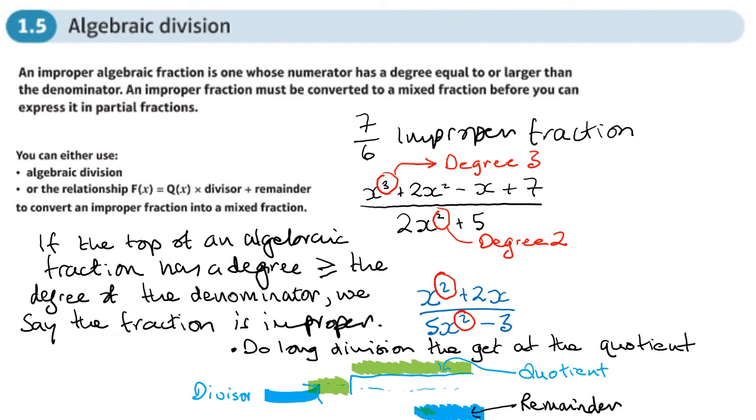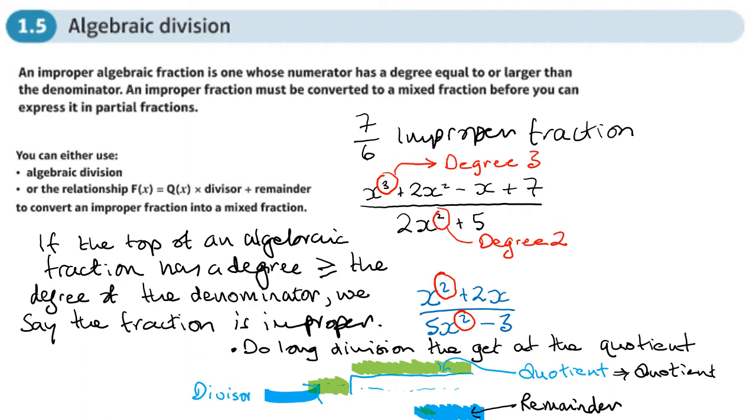And when we do these questions, we're going to do partial fractions on the quotient. Our answer is going to be partial fractions done on the quotient plus the remainder over the divisor. Okay, you'll see that in a moment.